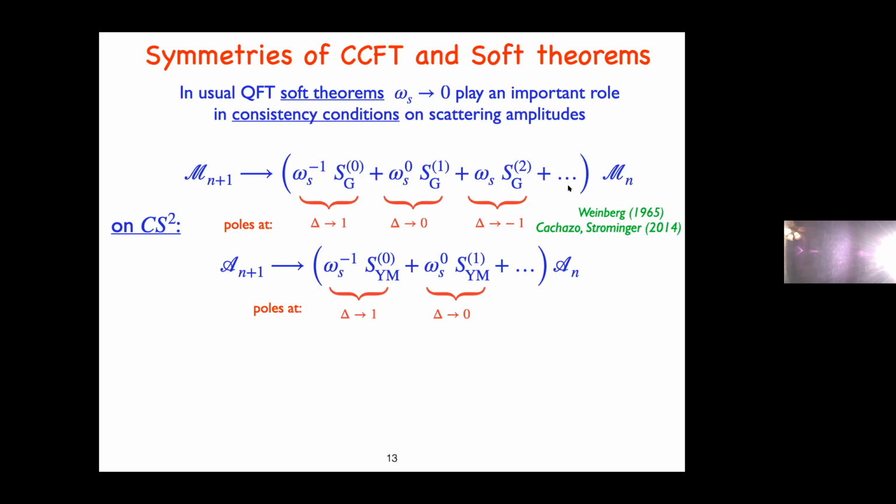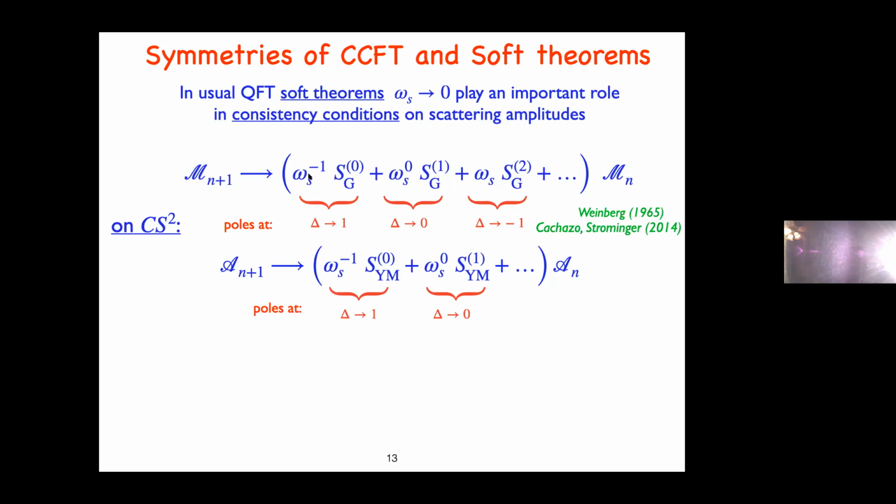Now, if you do a Mellin transform of a scattering amplitude of n+1, let's say, gravitons, it turns out that you find poles at specific dimensions of the graviton operators. This is a manifestation on the celestial sphere of these soft theorems that appear in the soft energy limit.